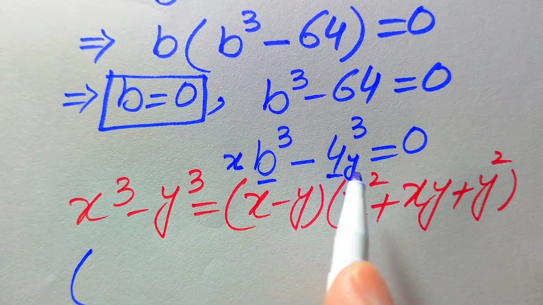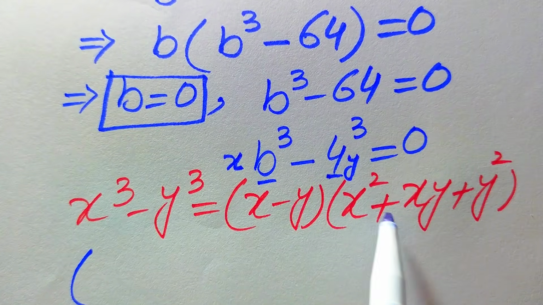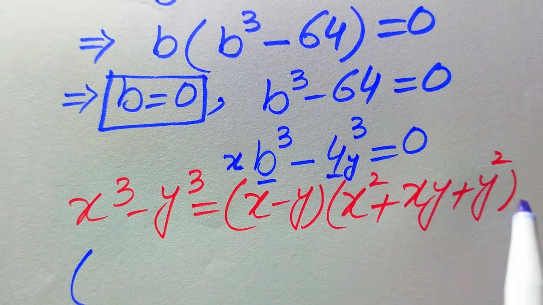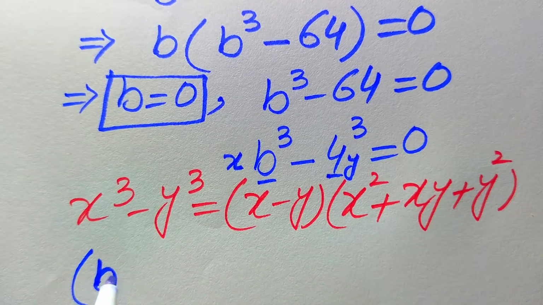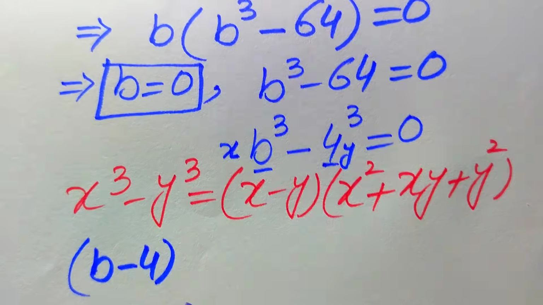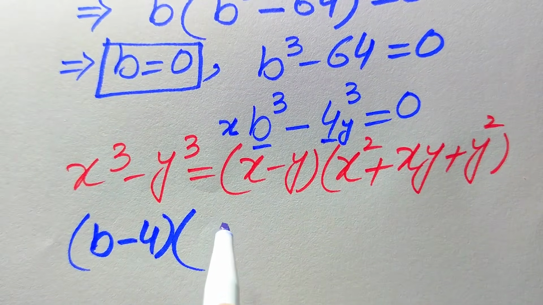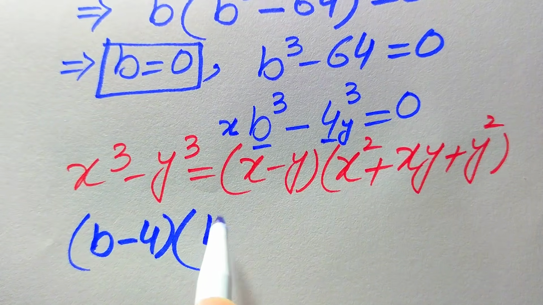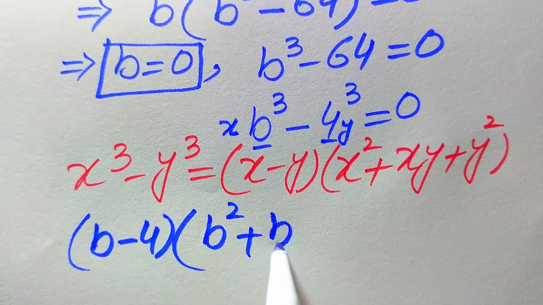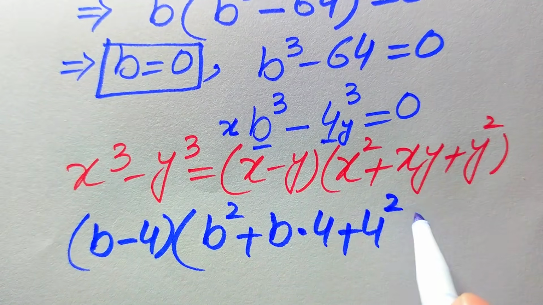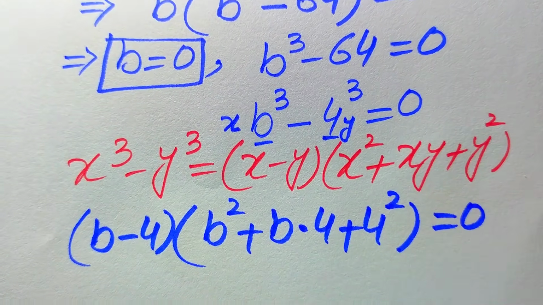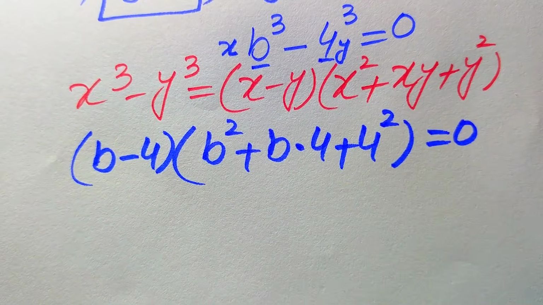So we put the values of x and y into the right hand side. The first factor is x minus y, where x is b and y is 4, times x squared, which is b square, plus b times 4, plus y square, which becomes 4 square, and this whole equation equals 0.